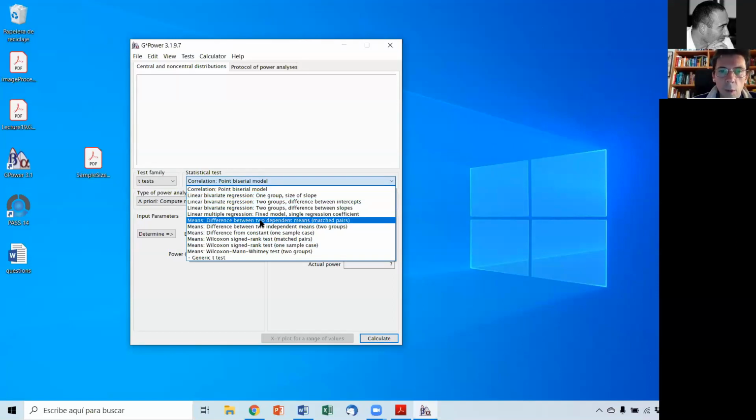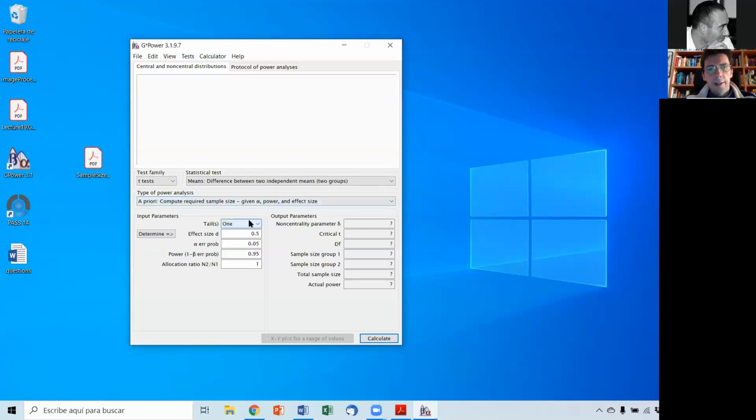The one that we have talked about is the difference between two independent means. So we have two groups, and we want to compare the means of the two groups. But there are many others where at the end, the test is also a t-test. So let's go for this one.